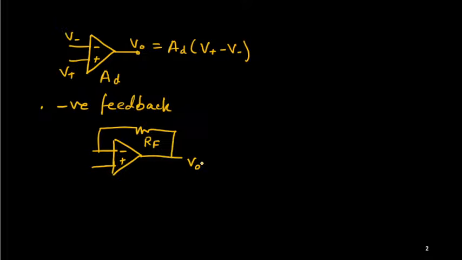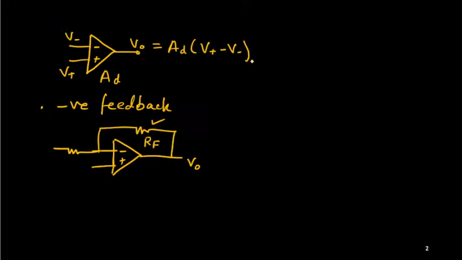The output is fed back to the input side, connected to the inverting terminal, so it is a negative feedback, and we can have some other circuitry on the other sides. But this is the main important concept. This RF is called the feedback element. So negative feedback should be there if we want to use this op-amp as a normal amplifier.